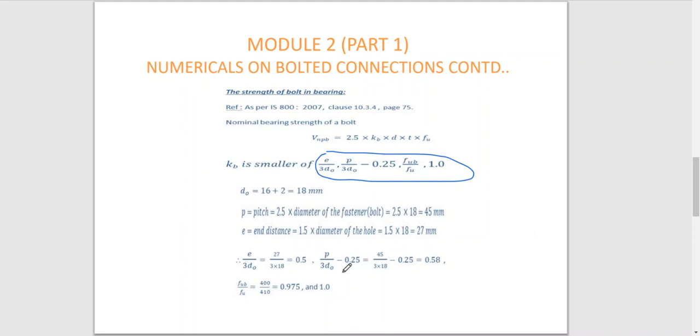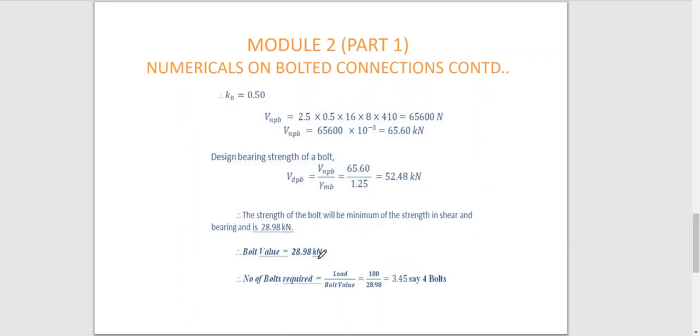Among these 4 values, 0.5, 0.58, 0.975 and 1, we take the smallest value, that is 0.5. So kb is equal to 0.5.